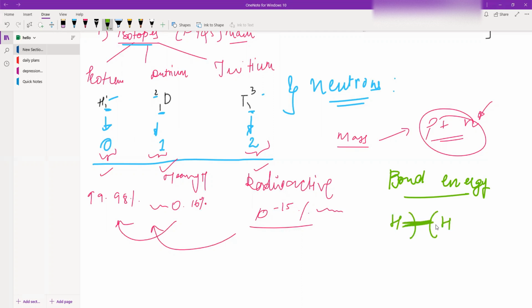If they're very strongly connected so that it's very difficult to break them, then I'll say that their bond energy is high. But if they are not so strongly connected and a force can just break them, it means they are low in bond energy. So the trend you need to remember is that H2 has the least bond energy among all the isotopes of hydrogen. Then we have D2 and then we have T2.